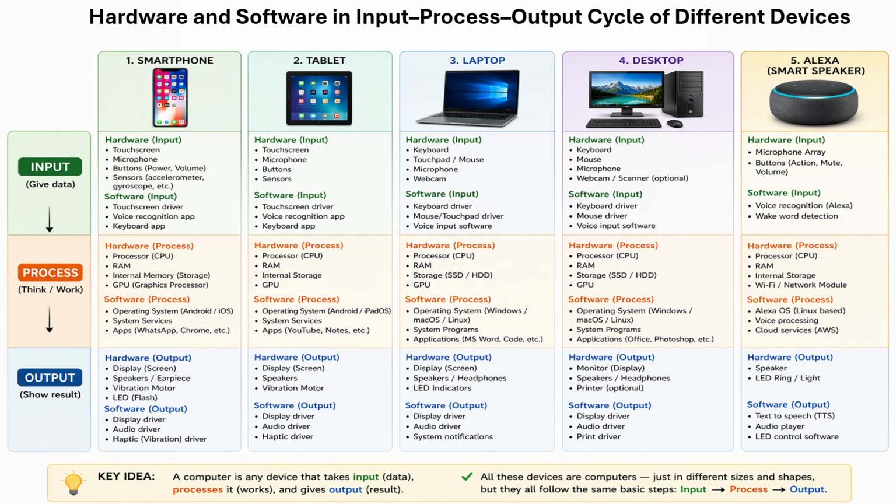If you see the smartphone, the hardware for the input can be touch screen, microphone, buttons, sensors. The software would be touchscreen driver, voice recognition apps and keyboard apps. Hardware for the process would be CPU, RAM, internal storage, GPUs. Software would be the operating system.